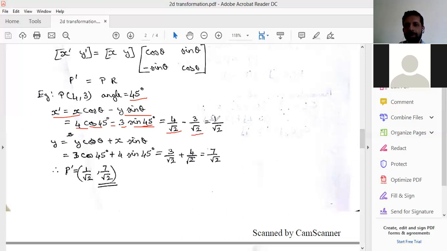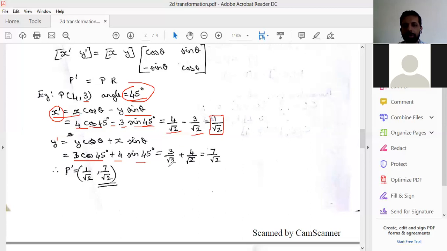So ultimately simplifying this, we will have 1 by root 2 will be the new value of x after rotating by an angle of 45 degrees. So similarly, when we solve for the y value, initial value is 3. So y dash is going to be y cos theta plus x times sin theta. So y value is 3, cos 45, plus x value is 4, sin 45.